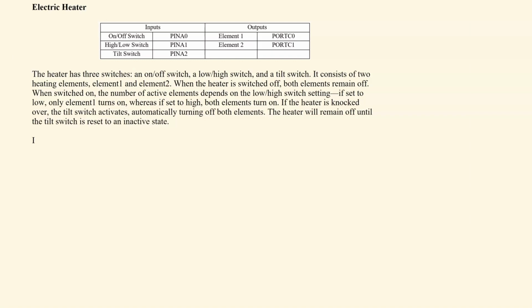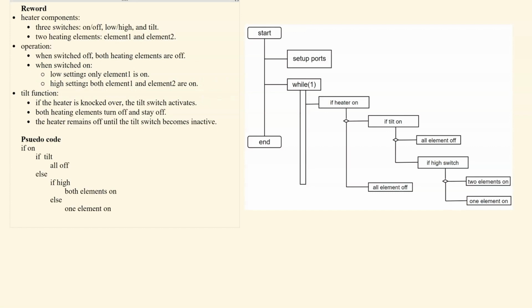Repeat the same problem, but in this case we will write C code from a structure diagram. So pause the video, rewrite the problem, and write the pseudocode and the structure diagram. I have rewritten the problem and written some pseudocode that helped me create the structure diagram.